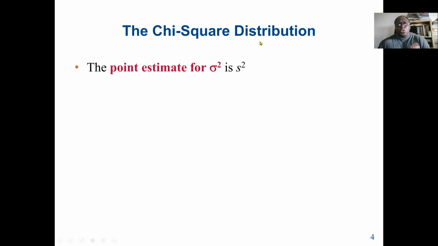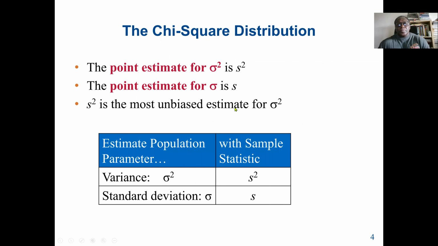So for the chi-square distribution, the point estimate for the variance is the sample variance. The point estimate for the population standard deviation is also the sample standard deviation. So this is estimating population parameters with the sample statistic.